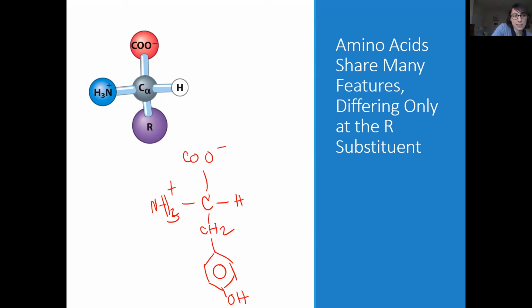Now, tyrosine's one-letter abbreviation is going to be, in this case, a Y. Tyrosine is going to be a Y. And again, to remember the structure, I remember a tire, and that helps me remember that there is this ring, tire, and an O, tyrosine. And again, one-letter abbreviation of Y.